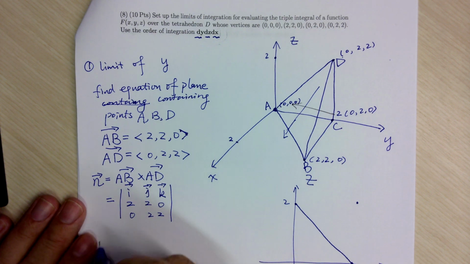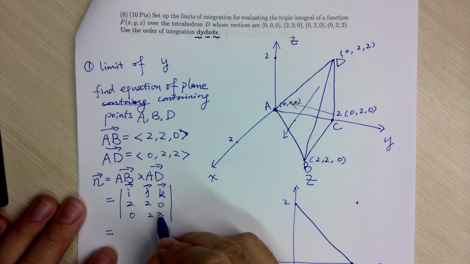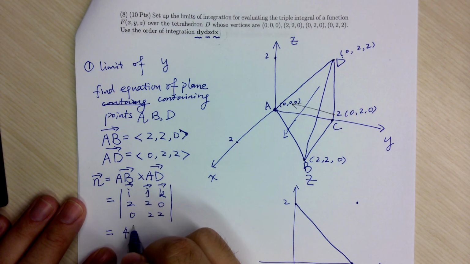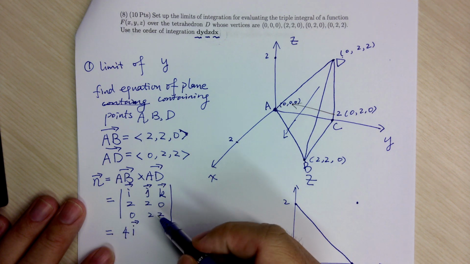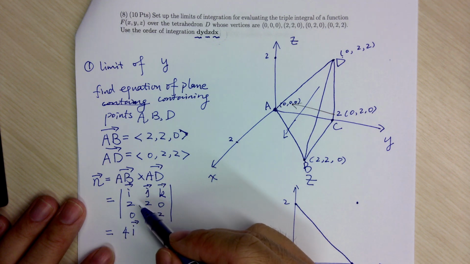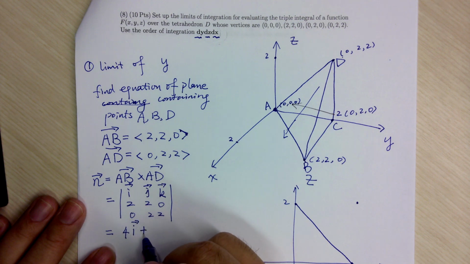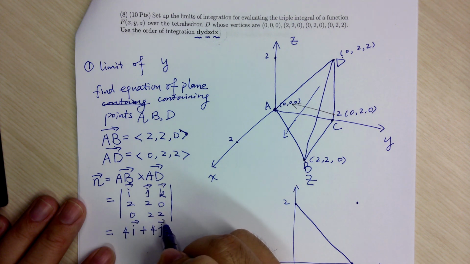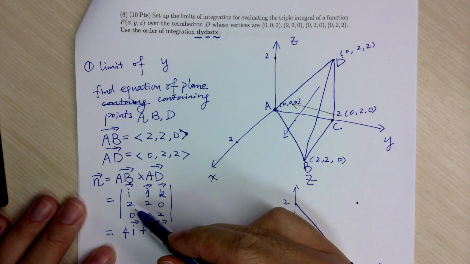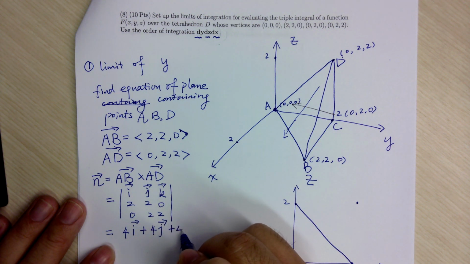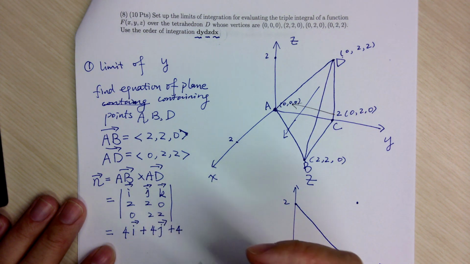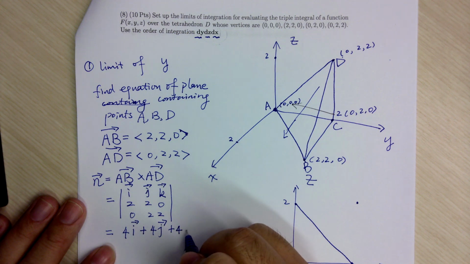And so we derive that. It's 4i, and then here's 0 minus 4, so it's plus 4j, and here is plus 4k.